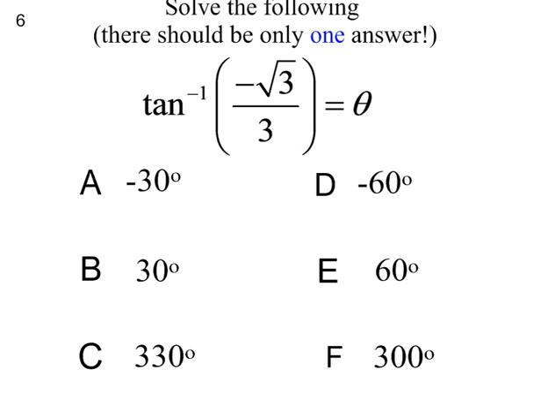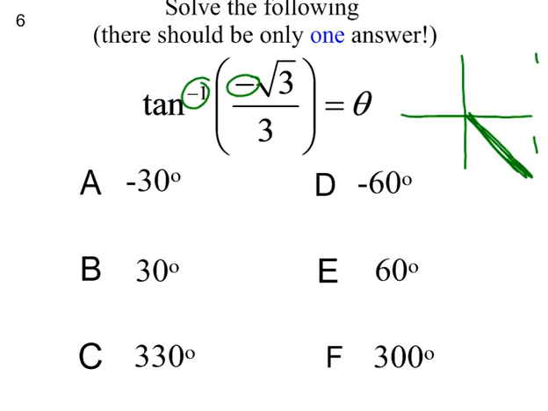Okay, try it again. If you're good at your exact values, pause, stop, make sure you can do these. All right, so I start with negative root 3 over 3, and it's tangent, so it has to be in the fourth quadrant because inverse tangent is in the first and the fourth quadrant, and because it's negative, the slope of that line is negative.